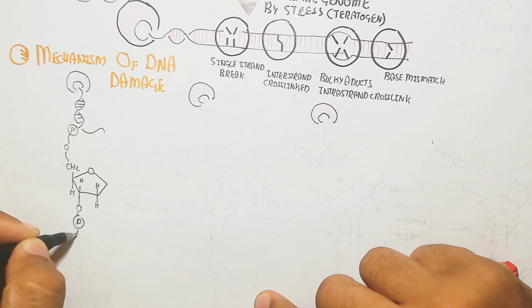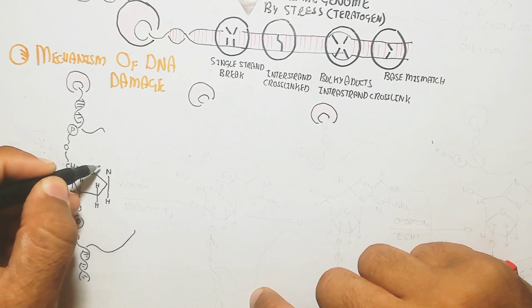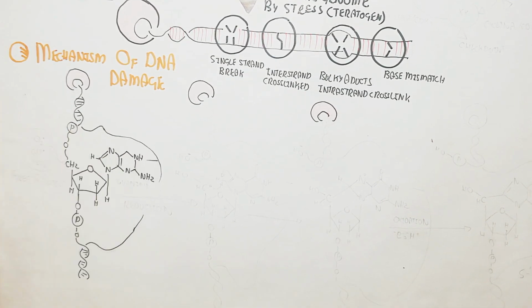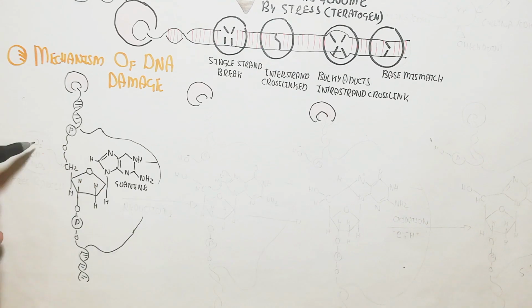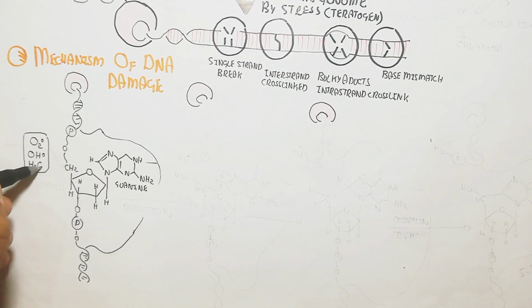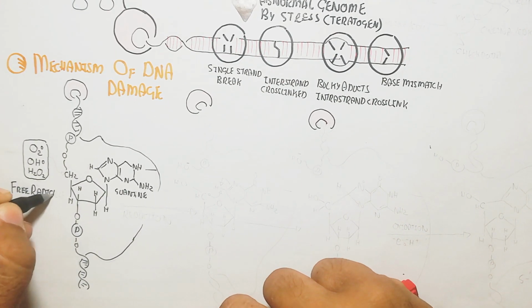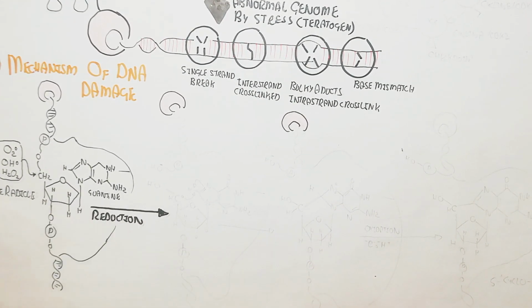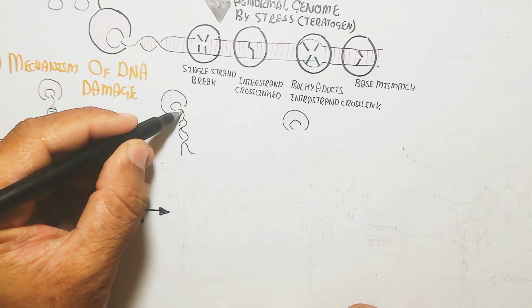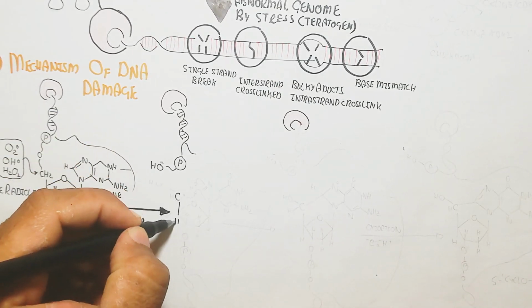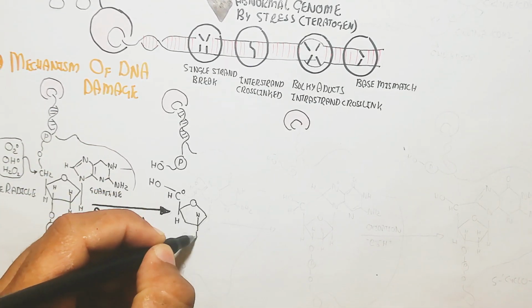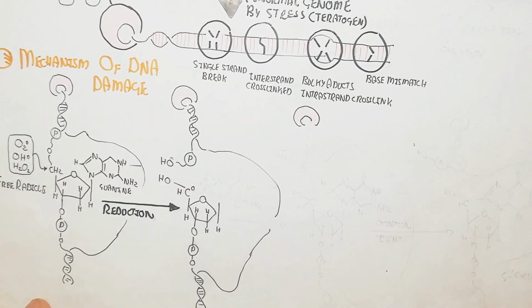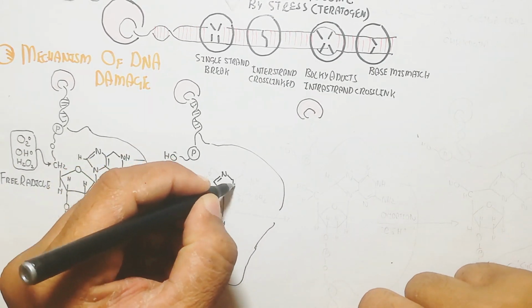So the nucleus contains DNA, and the backbone contains phosphodiester bonds with the sugar, basically deoxyribose sugar. Here is guanine, for example. This is an exemplification. The free radical will attack carbon number 6 and lead to breaking of the phosphate bond, and the hydroxyl group will be separated.